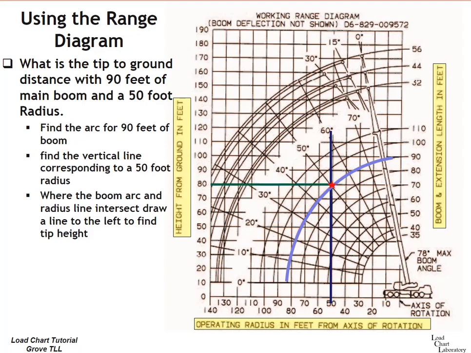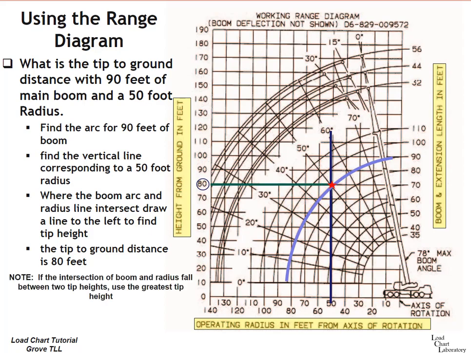I'm actually putting in a green line to illustrate that imaginary straight line over to the left. And wherever that straight line ends up, that is your tip to ground distance or your tip height, 80 feet. The tip to ground distance with 90 feet of main boom and a 50-foot radius is 80 feet. And 80 feet is the distance that you'll use for your wire rope calculations.